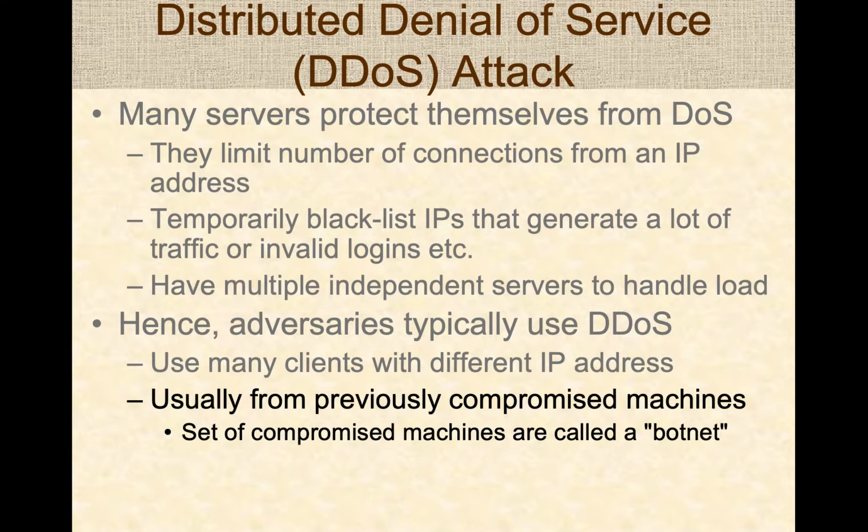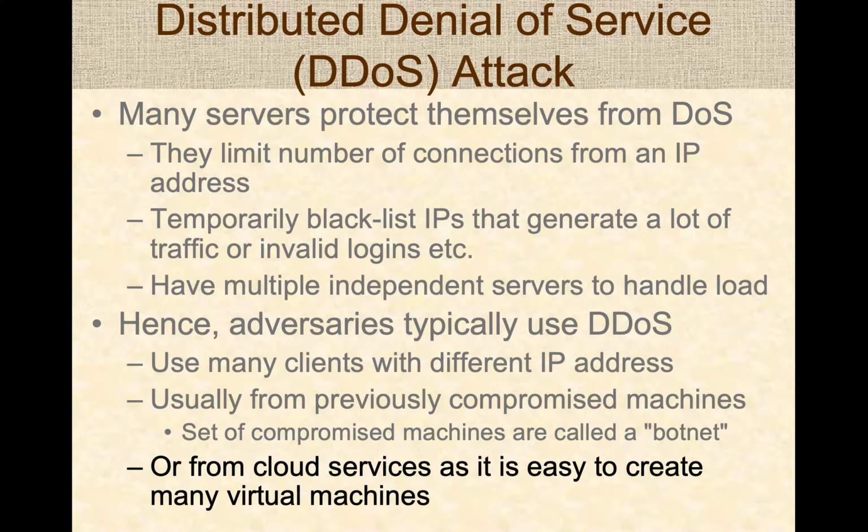Usually, the DDoS attack is launched from a set of machines that have been previously compromised using a Trojan or malware. These compromised machines collectively work together to attack a given server. This compromised set of machines is often called a botnet. Or you can launch these attacks from different cloud services, as it's easy enough to spin up many virtual machines on a cloud.